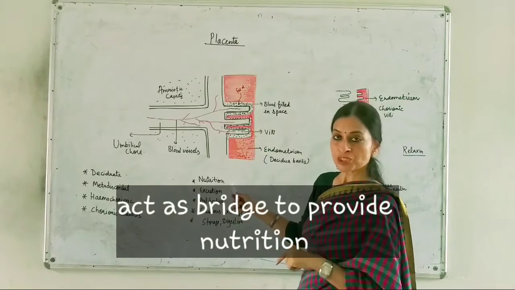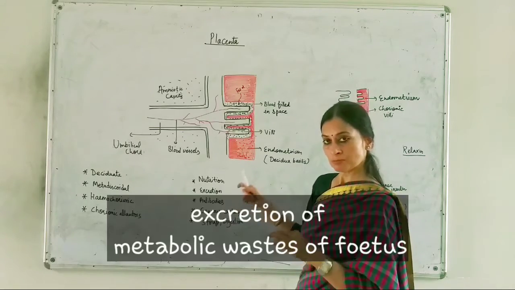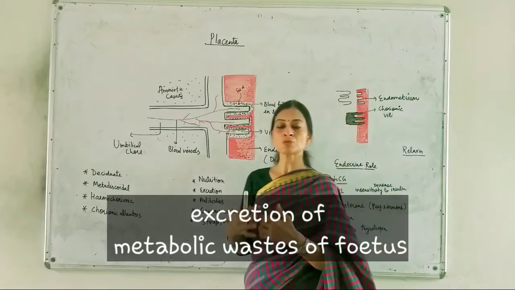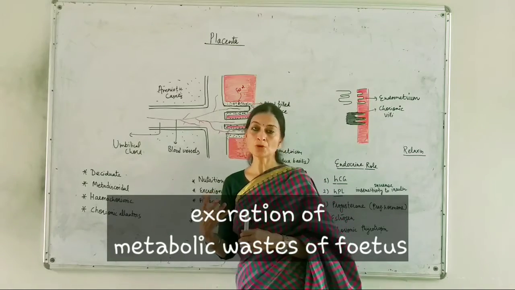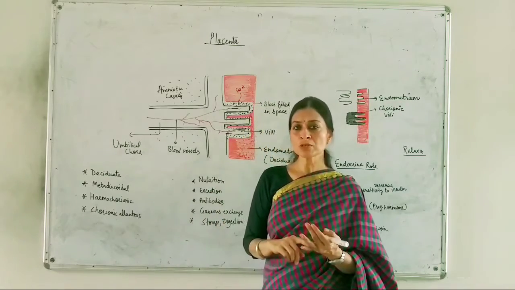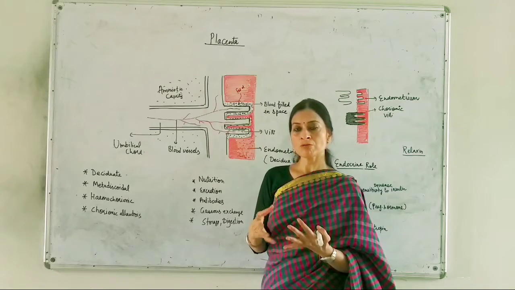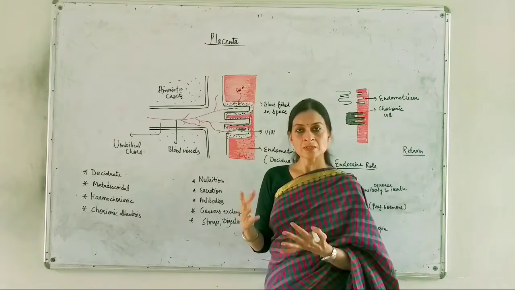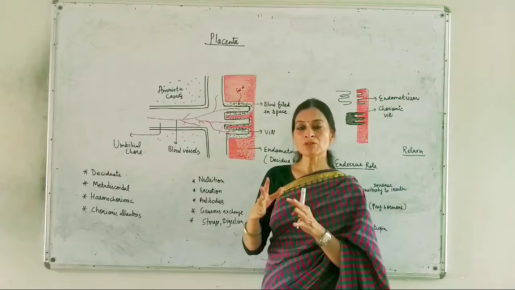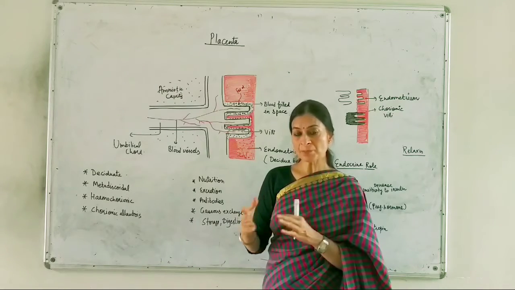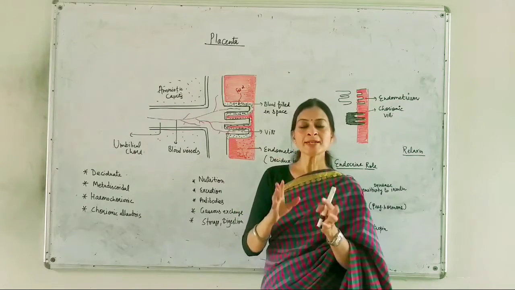So it helps in nutrition, and it also helps in excreting waste material from the fetal body, because the fetus does not have a developed digestive system, nervous system or excretory system. It is in a developing stage. So it is actually a type of parasite.